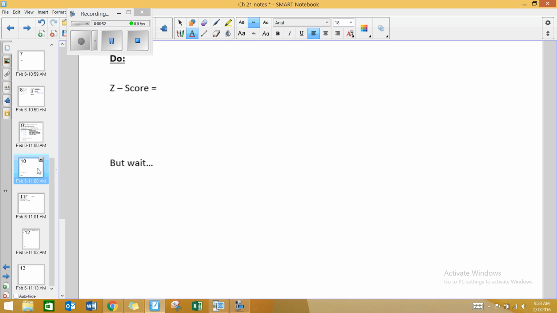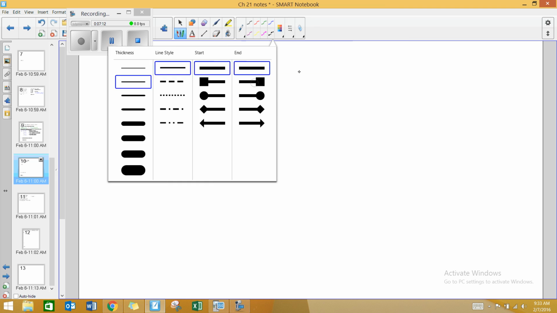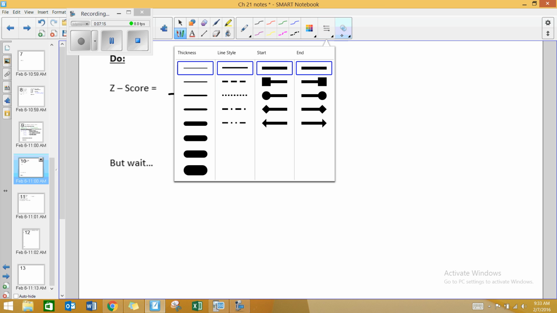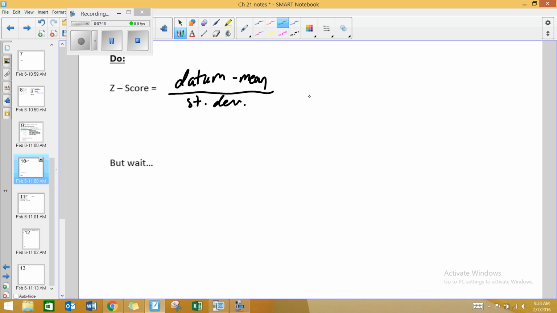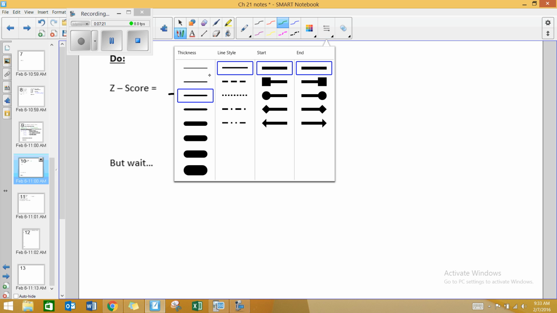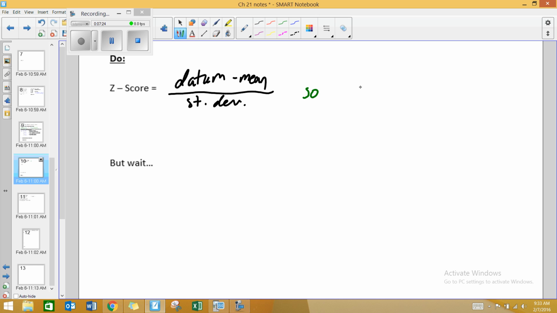Okay, so for the do step, calculating my z-score, we see this is going to be datum minus mean over standard deviation, right? So with that, let me make the lines nice and small for this. So we should end up with P1 hat minus P2 hat, right?